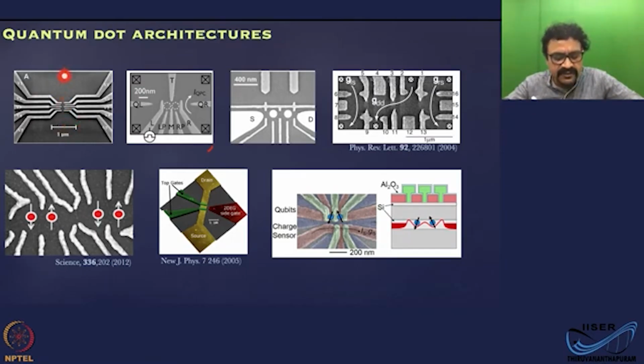So this is okay if you are measuring current through the device. But remember, when you go to the few electron regime, the current through the device is very, very small, and you cannot use current as a readout probe. Secondly, you don't want to read out using the current, because your information is encoded in that electron, and you don't want to lose that electron. Because when you run a current, you will replace that electron with another electron. That is how the current is going to run, because these are single electron devices.